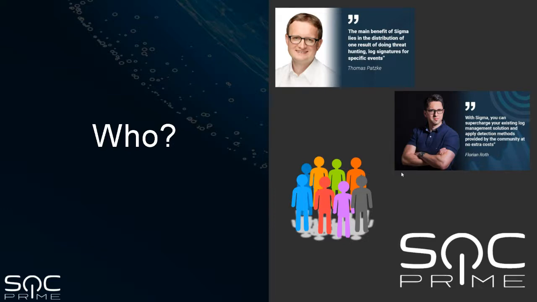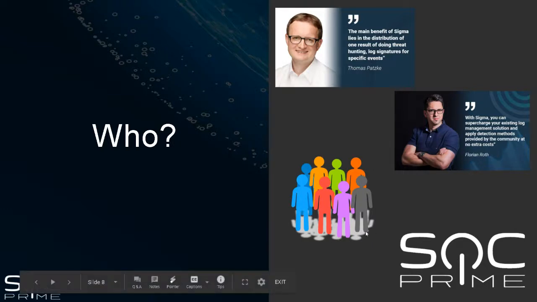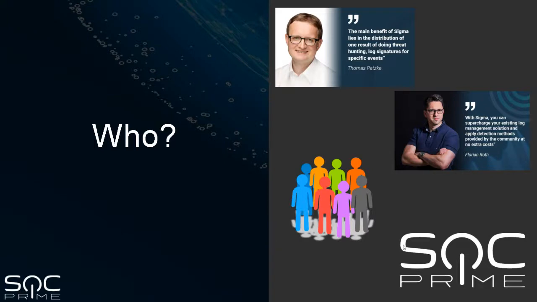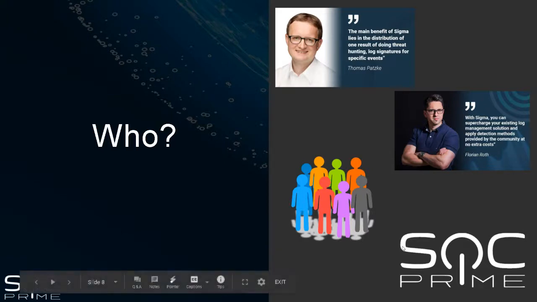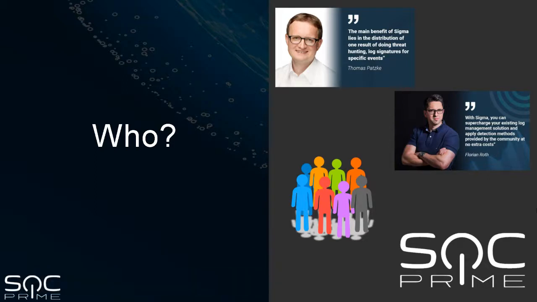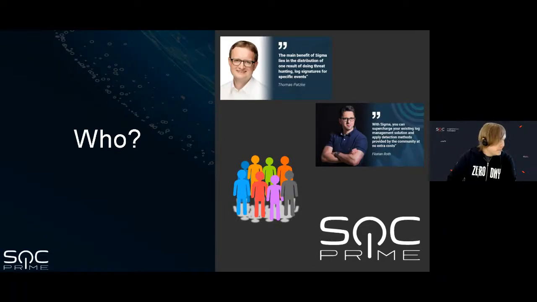But actually, most of the backends in Sigma at this point, I think, have been generated and submitted by SOC Prime. So that's one of the main ways that we contribute to the Sigma project. We have a team whose whole job is to improve backend support for Sigma.